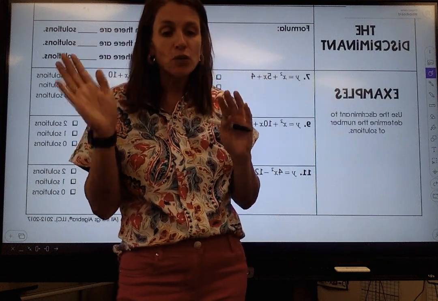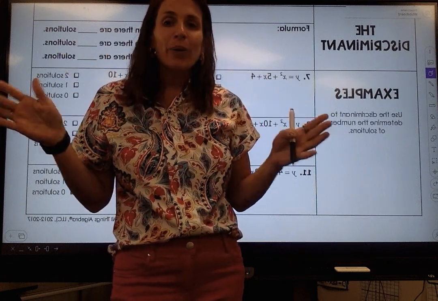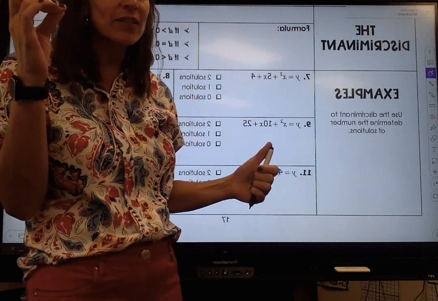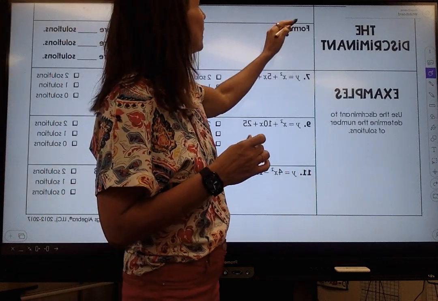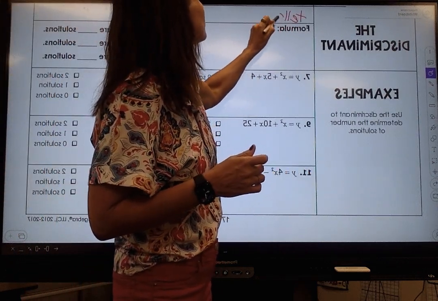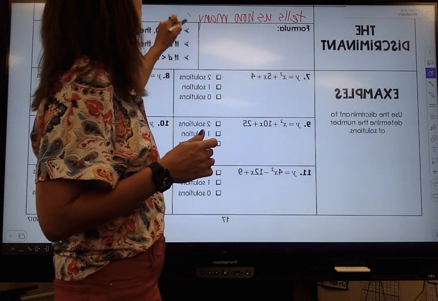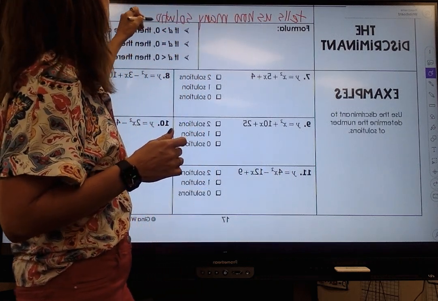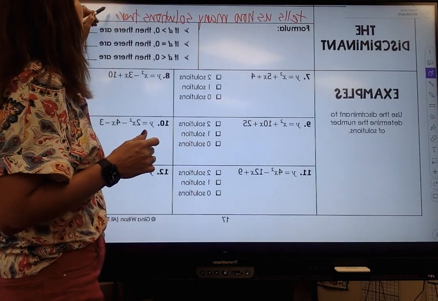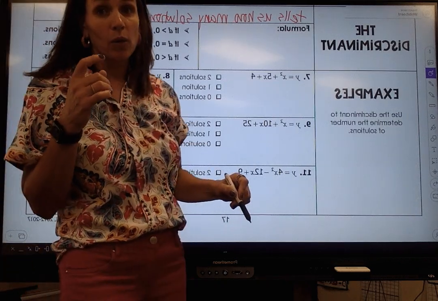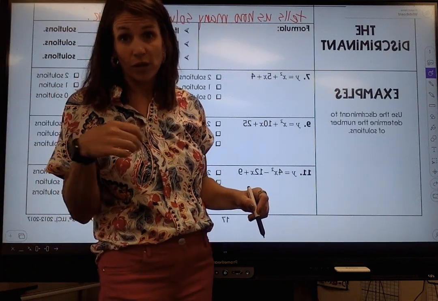If we use the discriminant, that's going to go ahead and tell us how many solutions there are. So the discriminant tells us how many solutions there are. And remember, there can be 1, 2, or none.